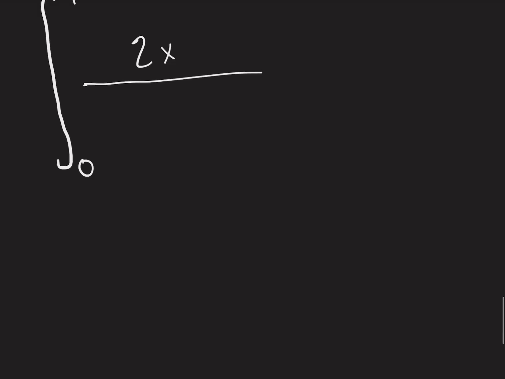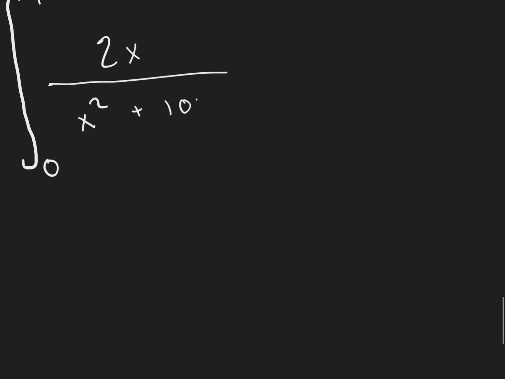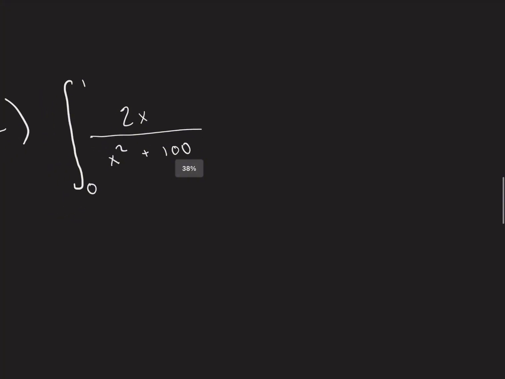For instance, let's do a equals 0 and b equals 1. It'll be the integral of 2x divided by x squared plus 100.